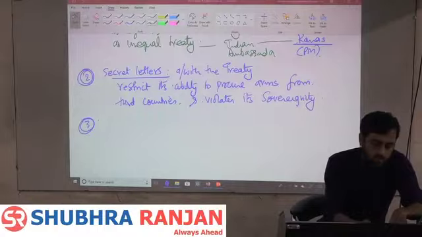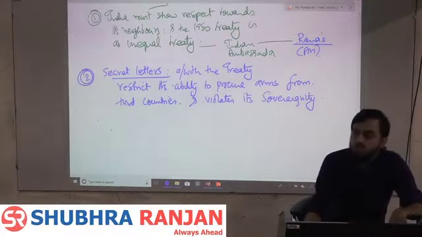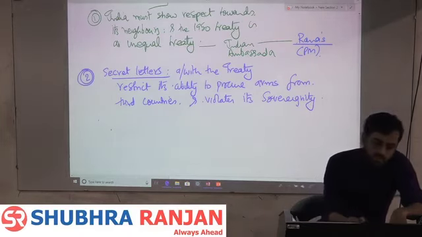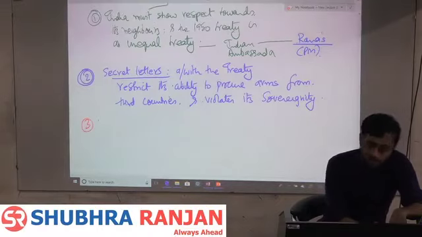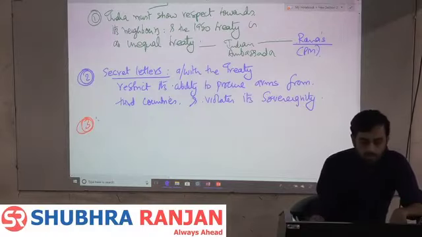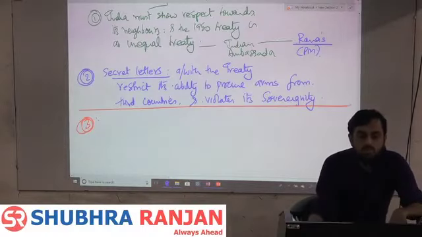Then they also argue that apart from these two things, these are their two major principal problems associated with the treaty. At the same point of time, you see that India said, okay, these are the two major problems associated with the treaty.